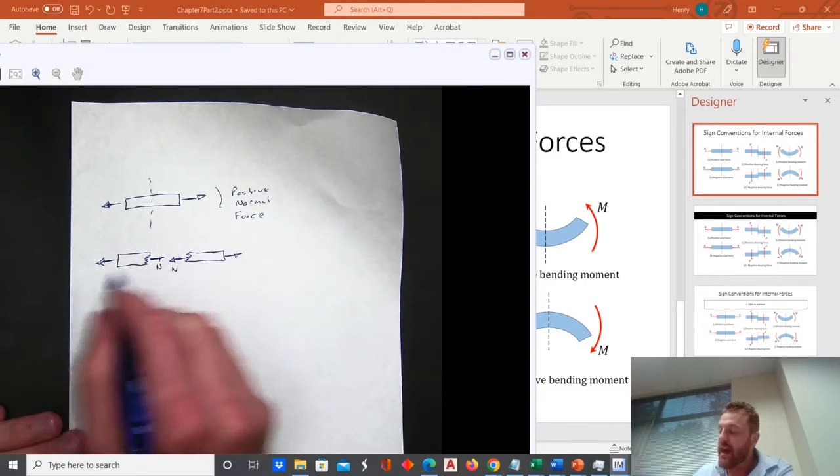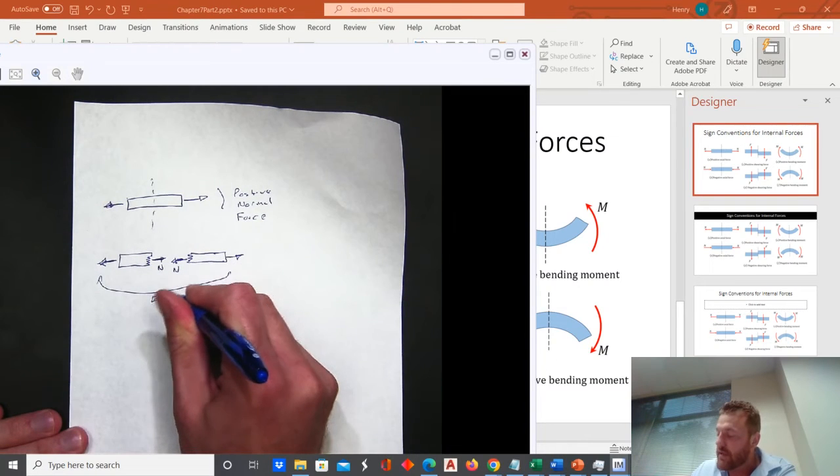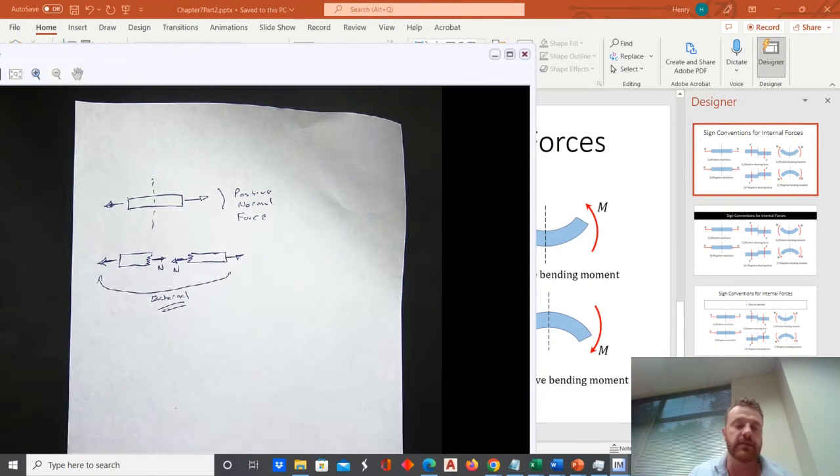That's why, in the initial diagram I showed you for the internal force systems, when we were looking at the portion of the beam to the left, the internal normal force pointed to the right. It's because we're assuming that a positive normal force is associated with putting that beam into tension by pulling it on both sides.